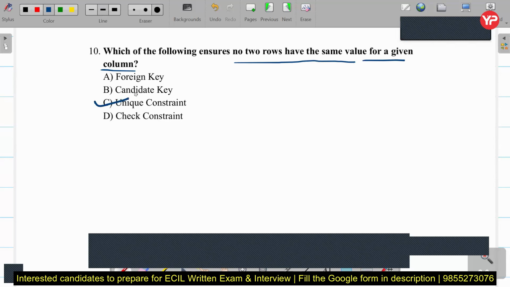Whenever we are defining our table structure, we always write CREATE with the table name, and then suppose we are writing SID, which is integer type and which has to be unique.